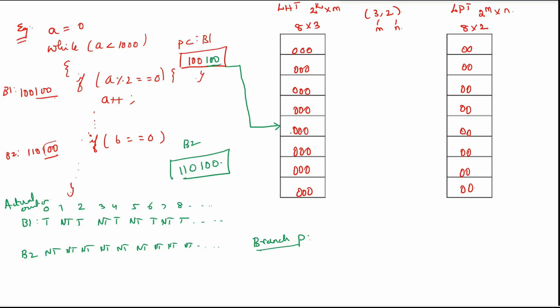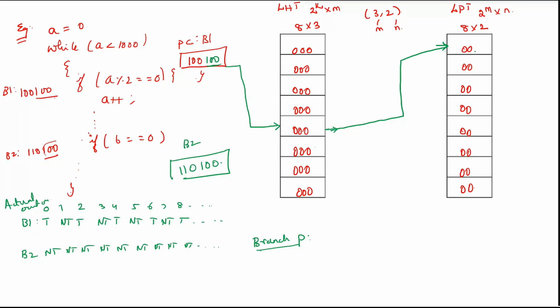Once it goes to the fourth entry, it will take these cases 000. With this information, it will go to the local prediction table. In this local prediction table, what is the 2-bit information we have? It is 00.